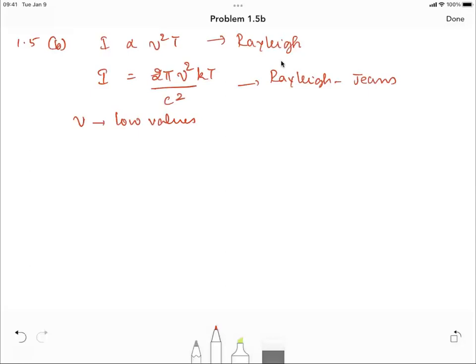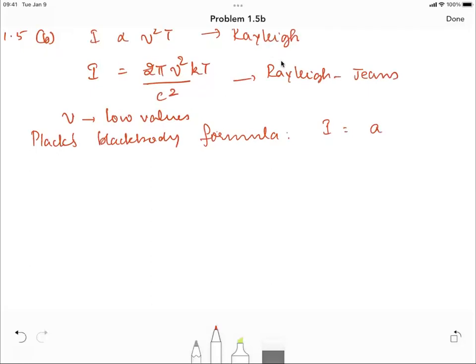Now we are asked to show that at very low frequencies, Planck's blackbody formula can be approximated by the Rayleigh-Jeans formula. We know that Planck's blackbody formula is given by I equals A nu cube divided by e to the b nu by t minus 1.